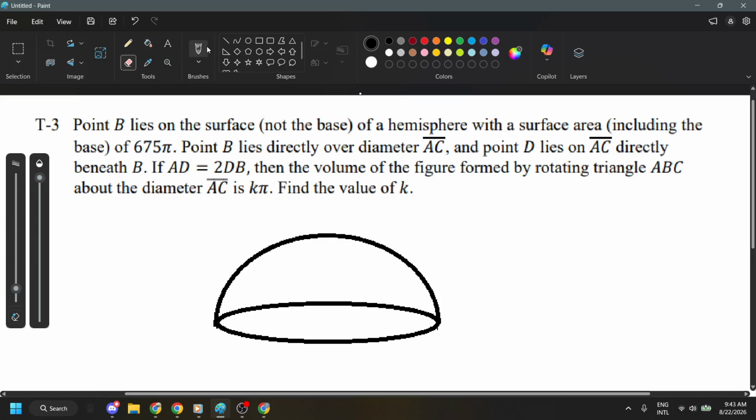Point B lies on the surface. Point B lies directly over diameter AC. So let's say we have this diameter right here, which is AC. Point B will lie right here, which is directly over the diameter. Point D lies directly beneath B, so point D is here. And AD is 2 times DB. This is 2 times longer than this.